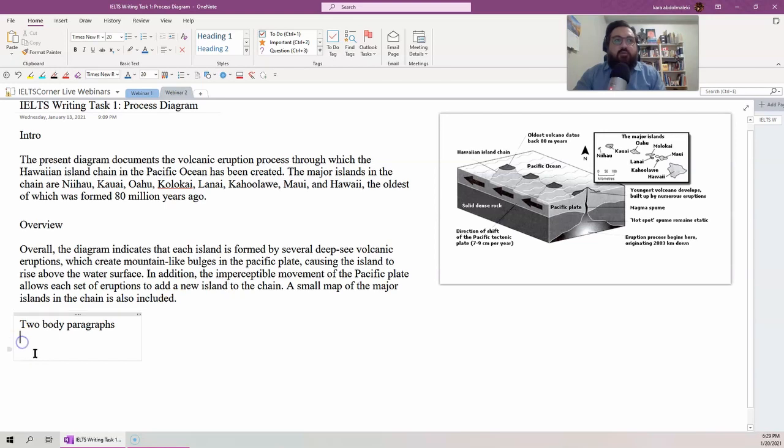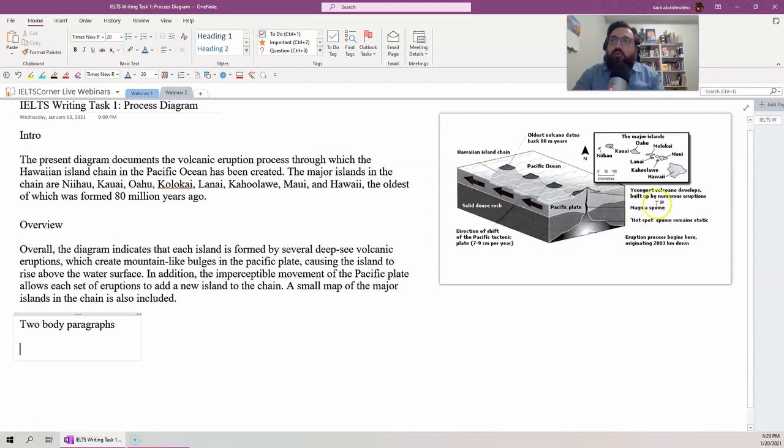Okay, now we're going to move to two body paragraphs. So we're following the same structure: one introduction, one overview, two body paragraphs, sometimes three. But right now, I think we can do it in two. Immediately, the first question that should come to your mind is, how do we divide this information into two parts?